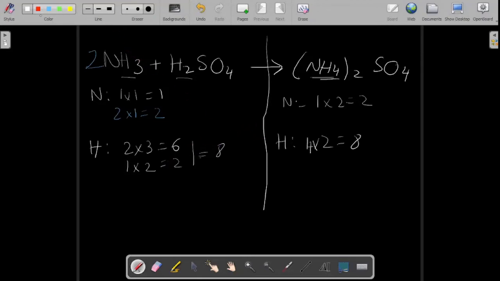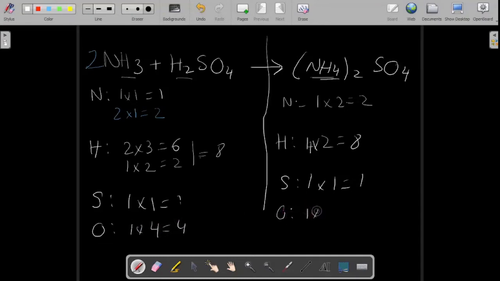Make sure that the next one is also balanced. What do we have left? The sulfur. So 1 times 1 equals 1. And on this side, the sulfur is 1 times 1 equals 1. Perfect. Oxygen is only present here, so it is 1 times 4 equals 4. And on this side it is 1 times 4 equals 4.